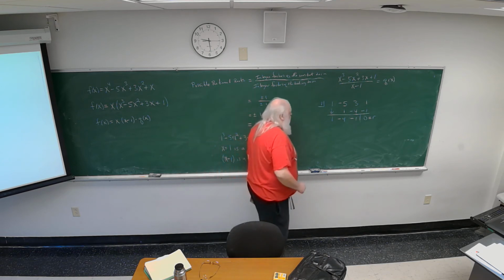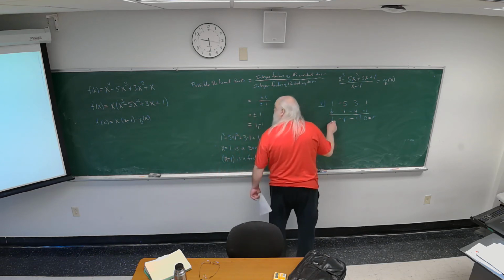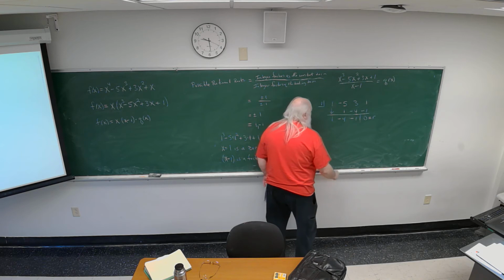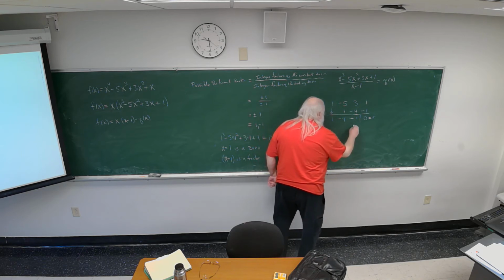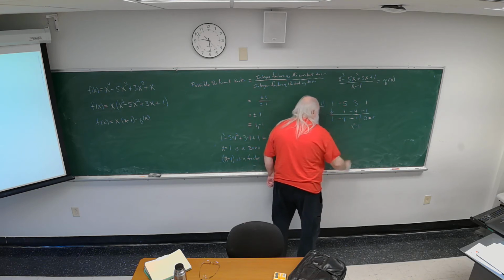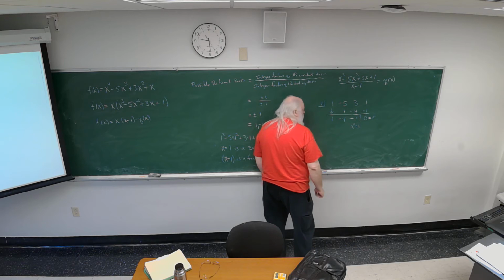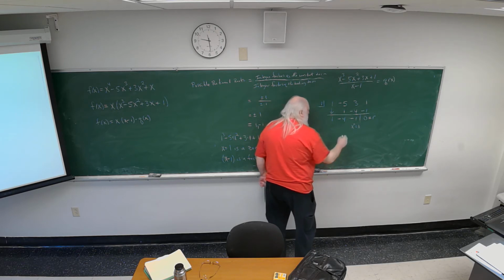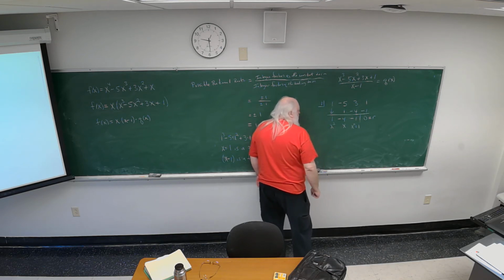So, these are the coefficients that go with our unknown quadratic. Minus 1, the constant term, goes with x to the 0, which is equal to 1. Minus 4 goes with x. 1 goes with x squared.